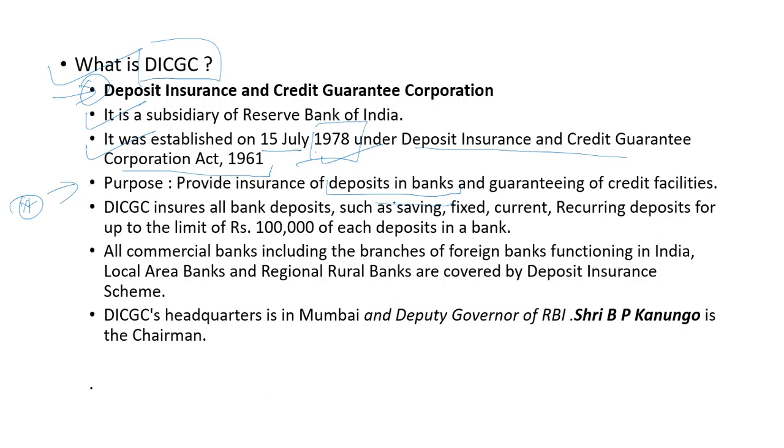Banks take deposits from the depositors, from people like us who deposit money, and they lend that money to other people, somebody who wants to buy a vehicle, somebody who wants to buy a home, or to corporates. So there is always some sort of risk involved. All of us have heard about NPAs, non-performing assets, and these kinds of things.